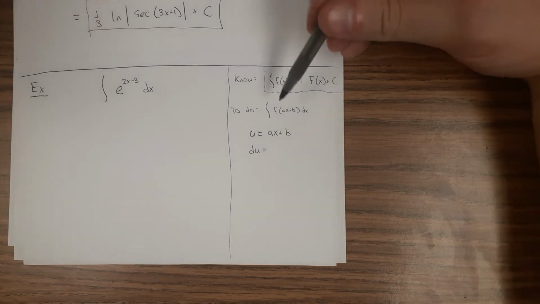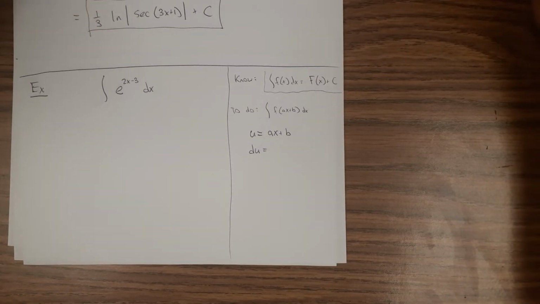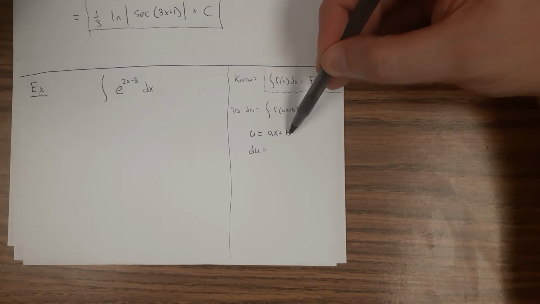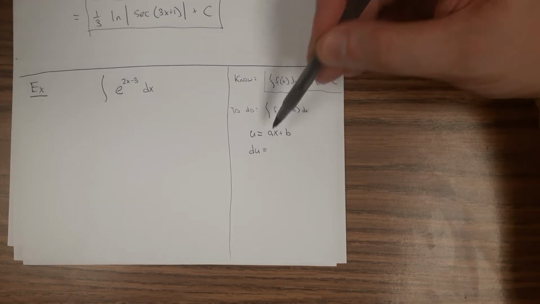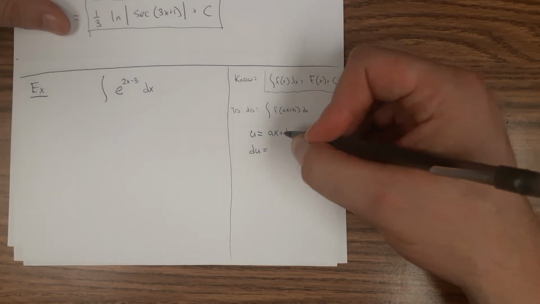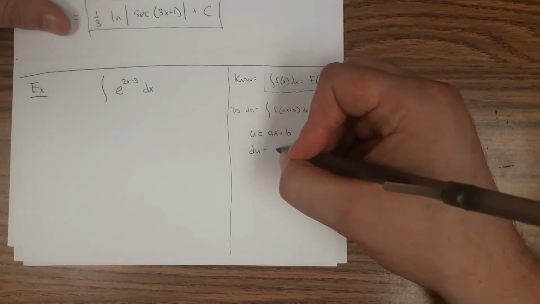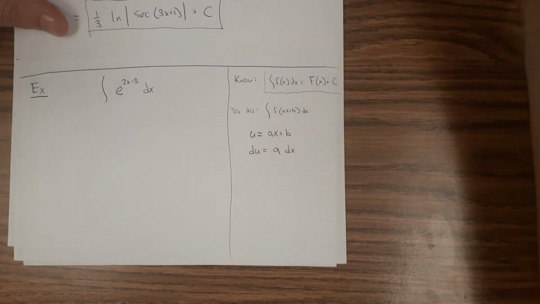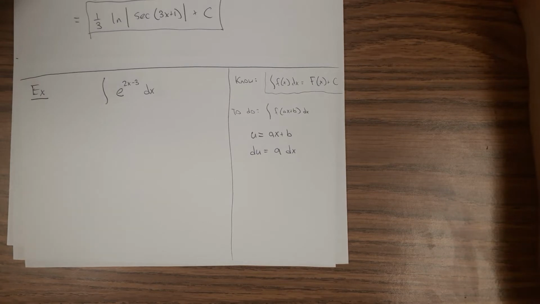Du is, and let's keep in mind, a and b are just numbers, like 2 and 3 or something. The derivative of this with respect to x is, well, the b is a constant, so that disappears. The derivative of a number times x is just that number, so this derivative is just a. And then I'm supposed to write dx.